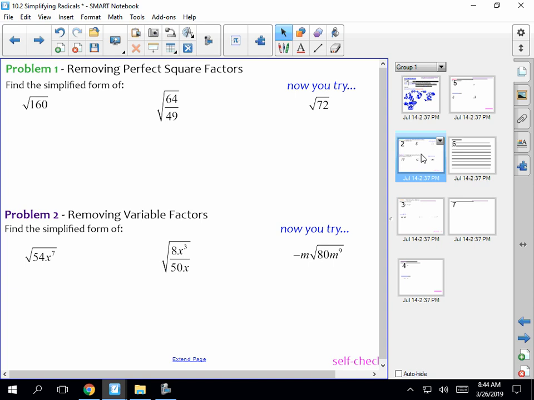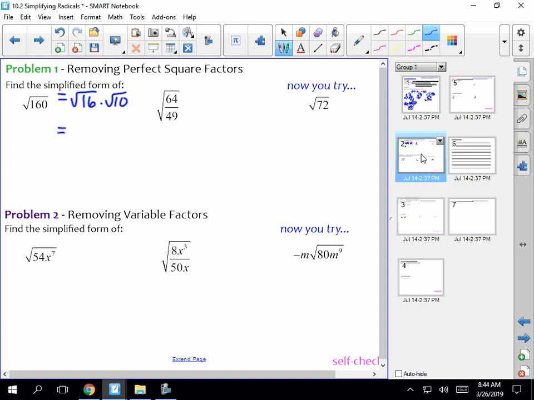And then we can do these in 2 steps. I think I saw some of you doing that. Somebody's shown a couple of you this before. 16 is bigger, yeah. So 16 goes into 160 10 times. So what we can do over here is rewrite 160 as square root of 16 times square root of 10.